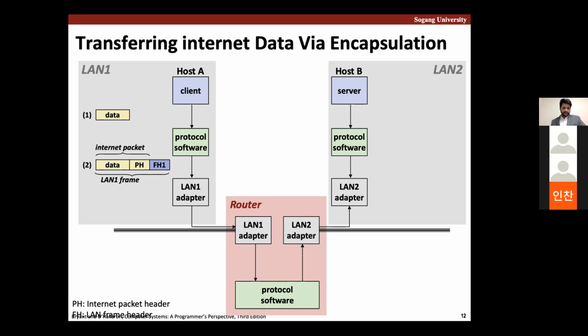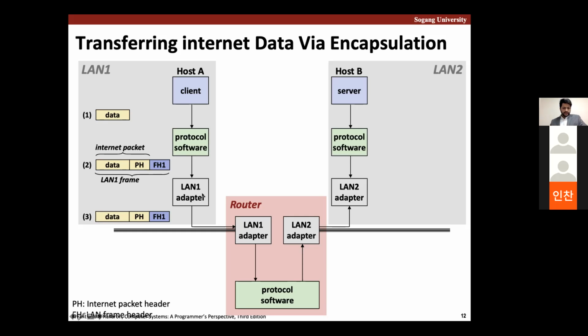We see the PH and FH here, and this is the original data. The LAN 1 frame header is addressed to the router, and the frame is then passed to the adapter. Notice that the payload of the LAN 1 frame is an internet packet, whose payload is the actual user data. This kind of encapsulation is one of the fundamental insights of internet networking.